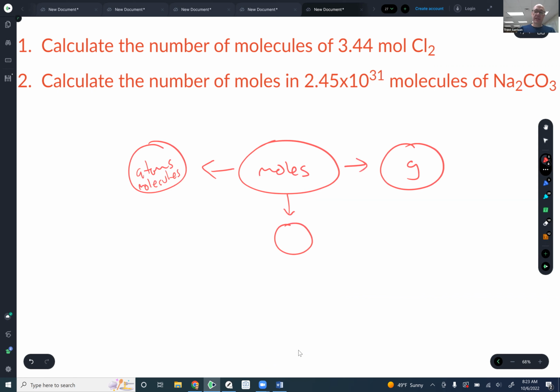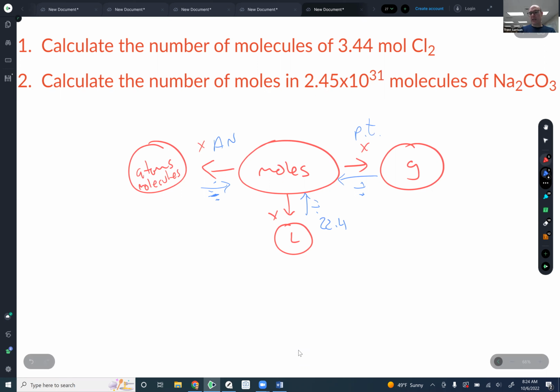And then liters were down here. Anytime you're leaving the middle, it's multiplying. Anytime you are going in, it's division. What you multiply or divide by depends. Out here, it's the weight on the periodic table. In liters, it's 22.4, and it's Avogadro's number for atoms and molecules.